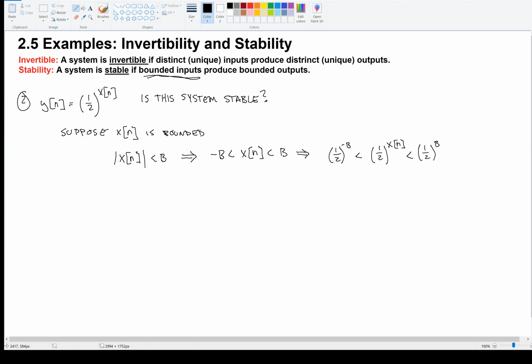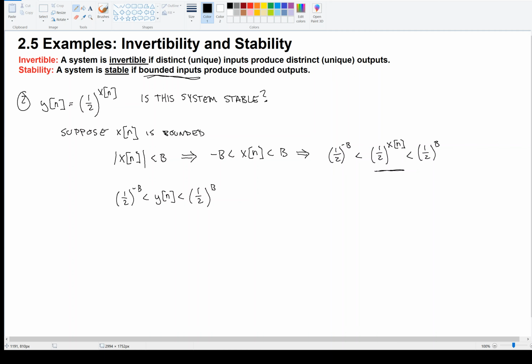Okay, and now I look at my input-output relationship and I identify the middle term here as y[n]. So now I can write down 1/2 to the minus b is less than y[n], and that's less than 1/2 to the b. All right, and I'm almost done then.